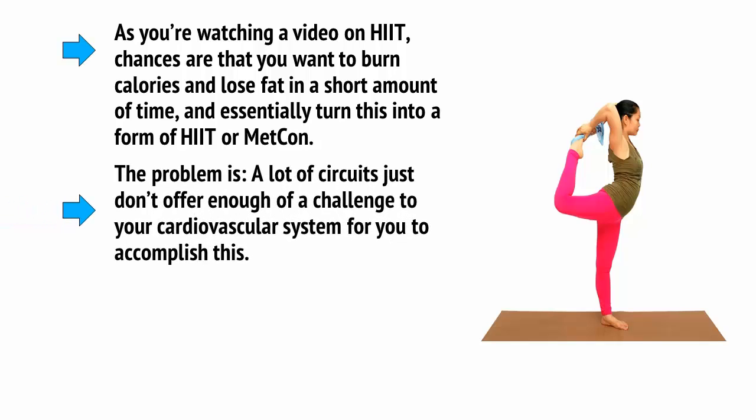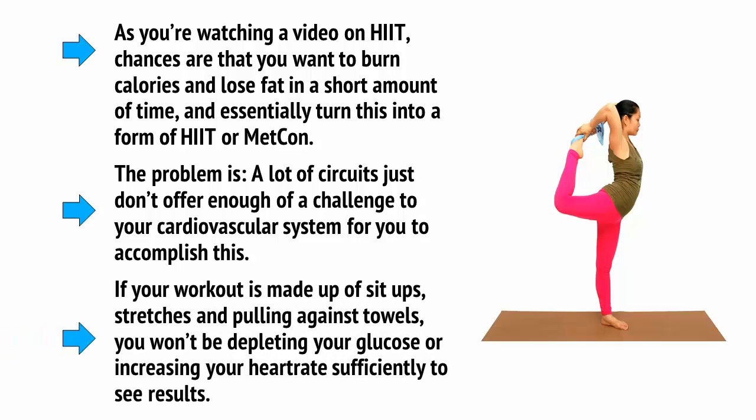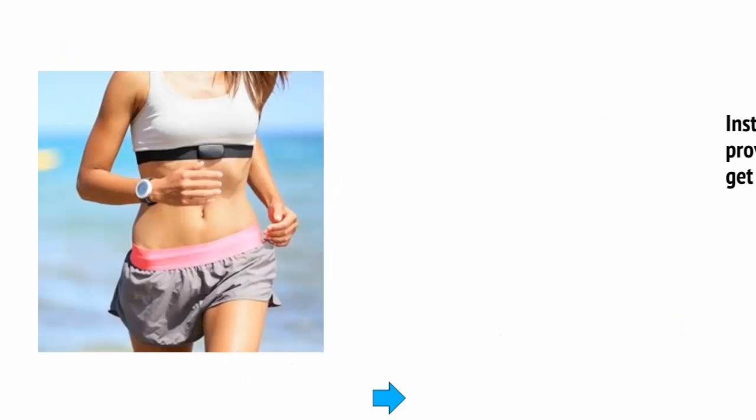The problem is, a lot of circuits just don't offer enough of a challenge to your cardiovascular system for you to accomplish this. If your workout is made up of sit-ups, stretches, and pulling against towels, which is a waste of time in case you've discovered these workouts on YouTube, you won't be depleting your glucose or increasing your heart rate sufficiently to see results.